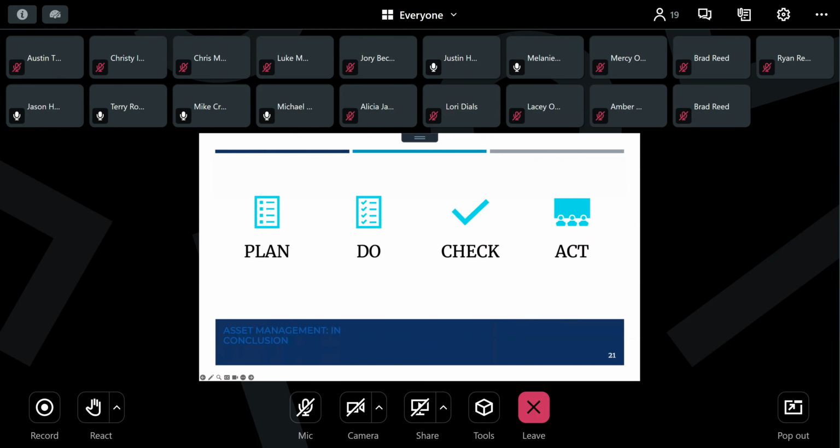So again, there's more to asset management planning than just creating a simple list of assets and noting what their condition is. And there are a lot of resources out there, including an AIA grant, which can also help you fund development of other programmatic approaches to asset management planning efforts.